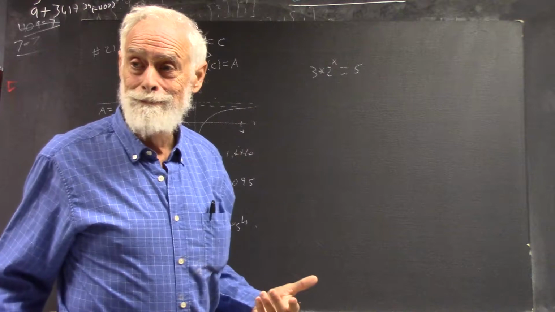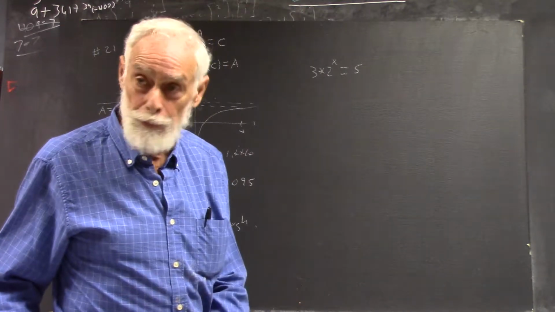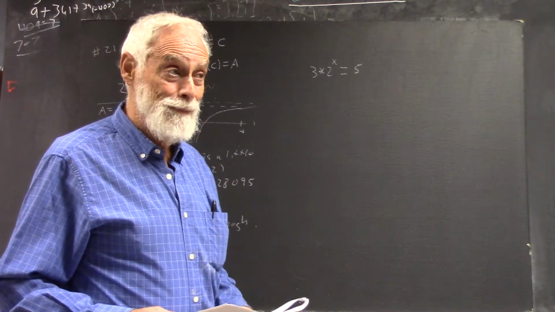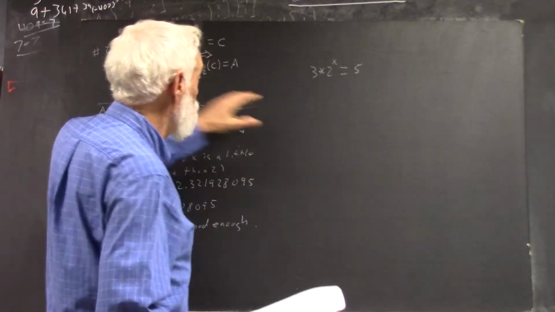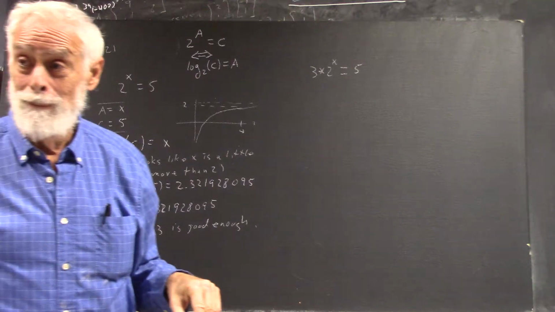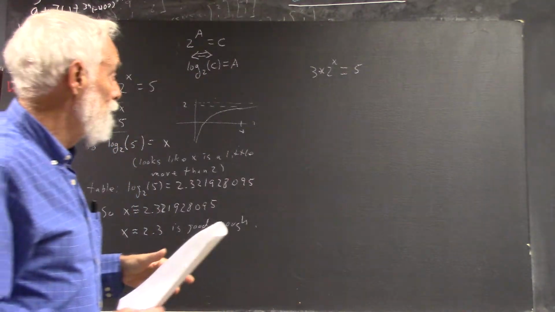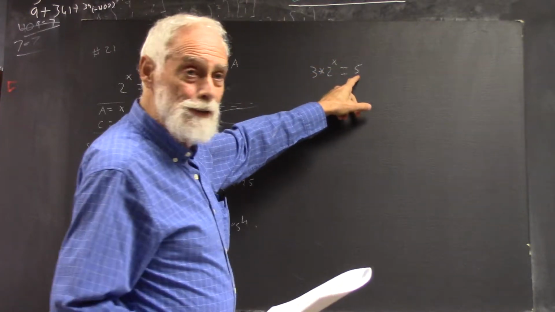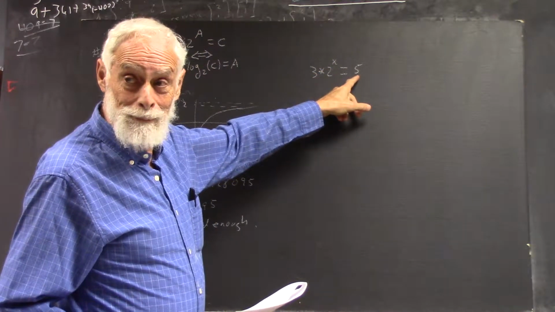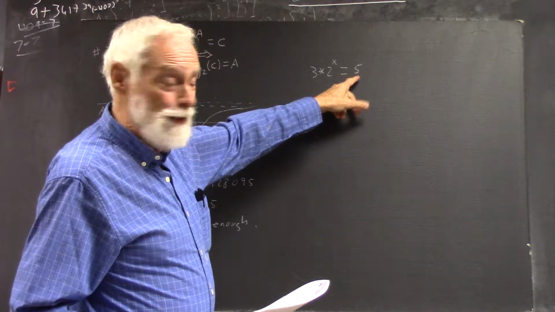So what do we do? Divide both sides by 3. Make sense? Well, I've seen people try to apply the rule without dividing, identifying that A is x and C is 5, right? That's not right.